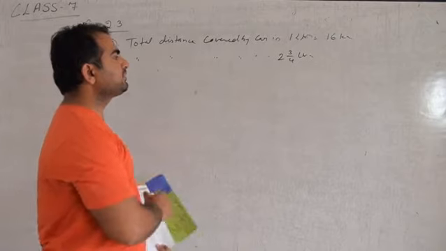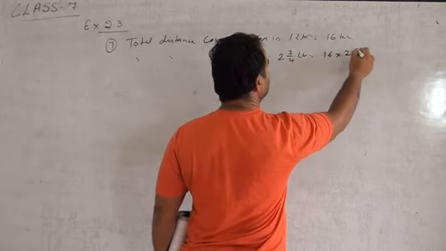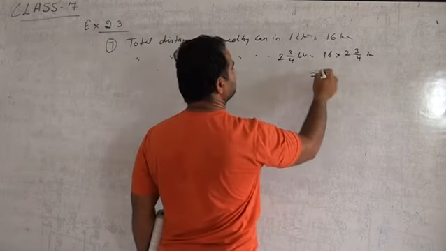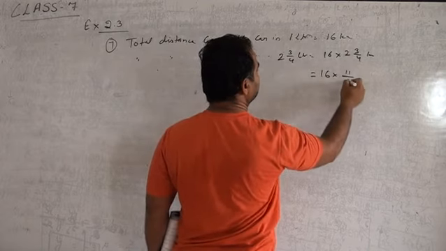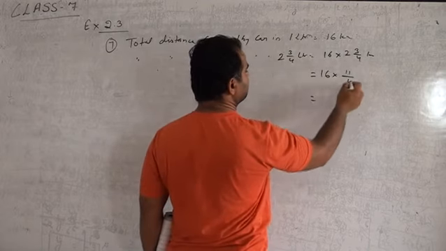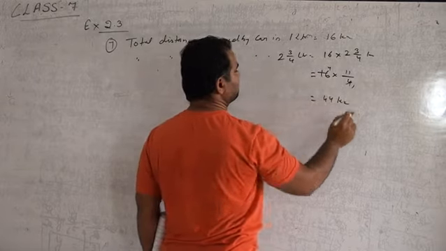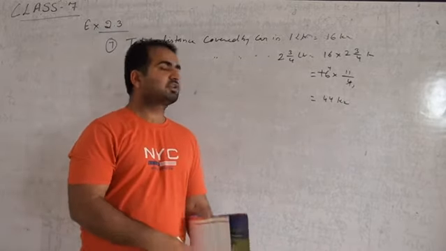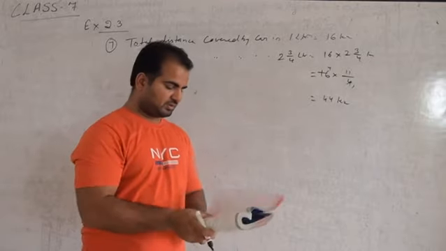So in 2 3/4 it will go 16 into 2 3/4 kilometer, equals 16 into 11 upon 4, equals 4 on the 4, 4 fours are 16. It will be 44 kilometers. So it will go 44 kilometers in 2 3/4 liter of petrol.